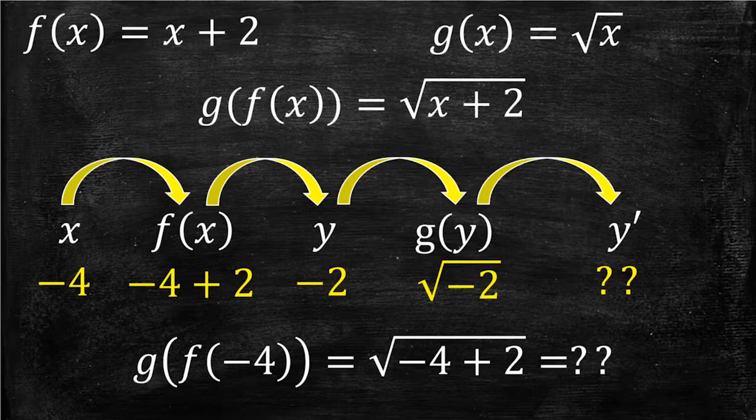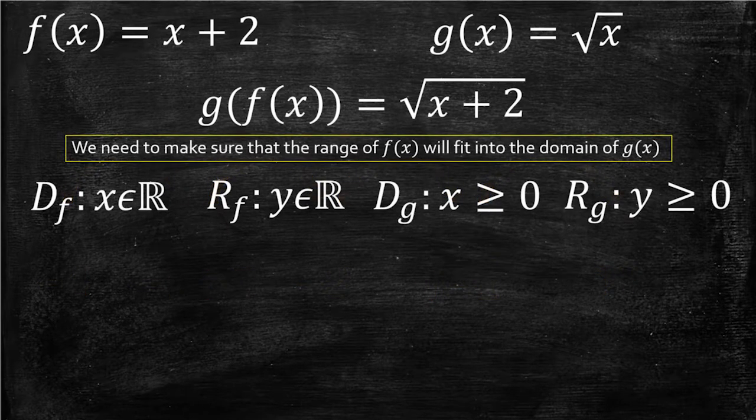So how do we go about approaching these types of problems where we can't just input any value of x into f to give us an output value for g? What we need to do is make sure that what's coming out of f, so the range of f, is going to fit into the domain of g.